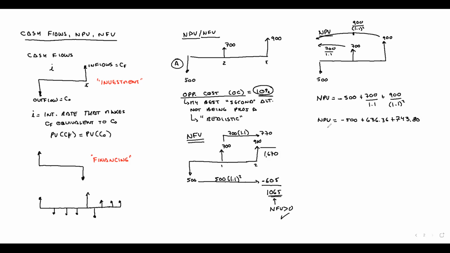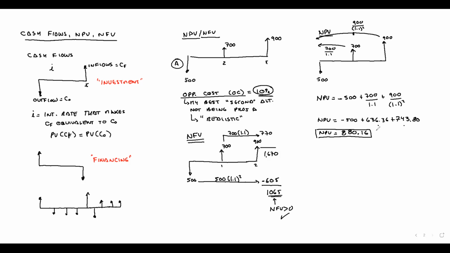So my net present value is going to be 636.36, I sum these two numbers, this number plus this number minus this number, and then I obtain 880.60. So this is my net present value.